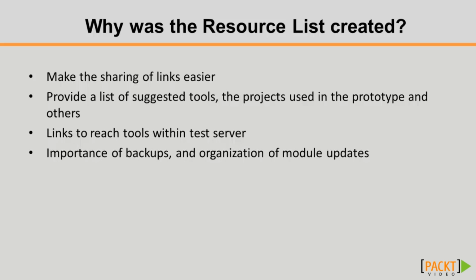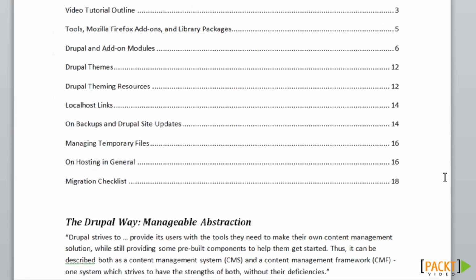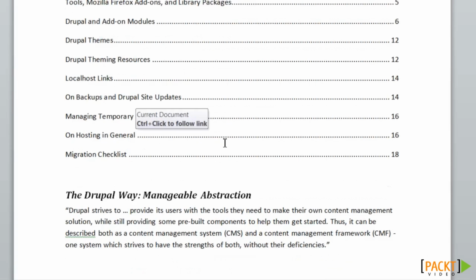And the other thing, I hit on a few written topics that were important enough that I felt they needed to be covered, but not covered in the video portions of this. And as you can see, some of these are mentioned here. The resource list begins with a clickable index so that you can quickly reach those areas inside of it.